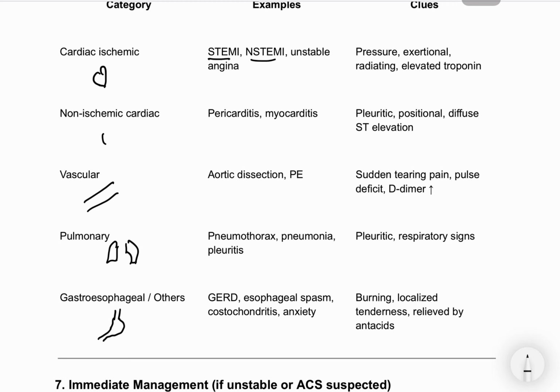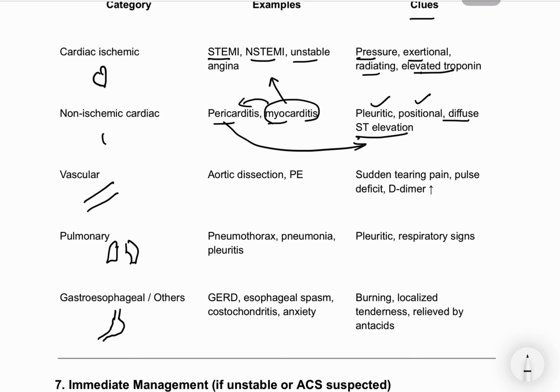Cardiac causes like STEMI, NSTEMI, unstable angina, with pressure-like, exertional chest pain radiating to the left shoulder with jaw, elevated troponin, we think of MI itself. In pericarditis or myocarditis, we might have pleuritic chest pain that is positional, relieved with leaning forward, and there is diffuse ST elevation in pericarditis. In myocarditis, we have features of both pericarditis as well as myocarditis. There is raised troponin with ECG features of pericarditis.